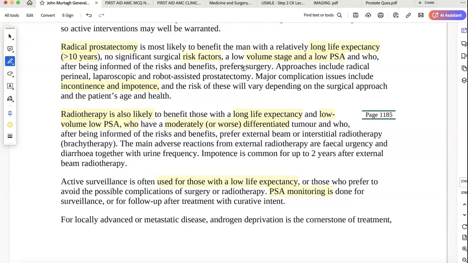But someone who has a little bit worse tumor, like T3, T4, for those patients, radiotherapy will be a better option. The adverse effects from radiation are fecal urgency, diarrhea and impotence.